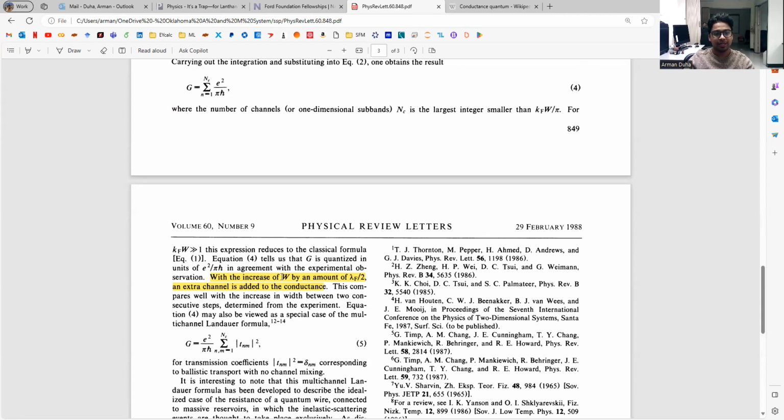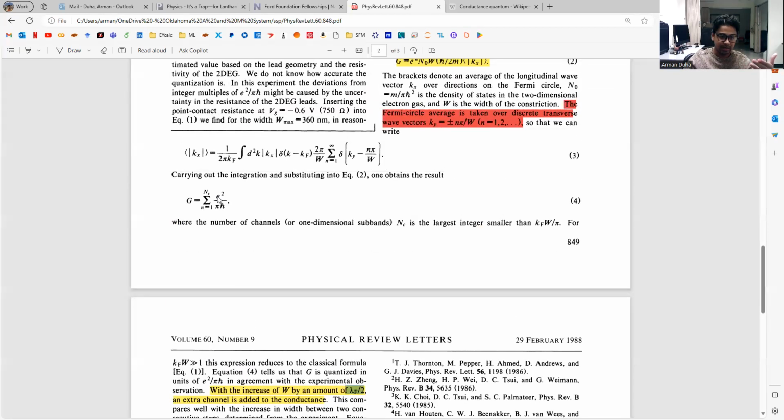That means that as you increase the width of your point contact by lambda f over 2, you'll be adding one more channel, and your conductance will jump by an amount of e squared over pi h bar, which is pretty much exactly what they found.